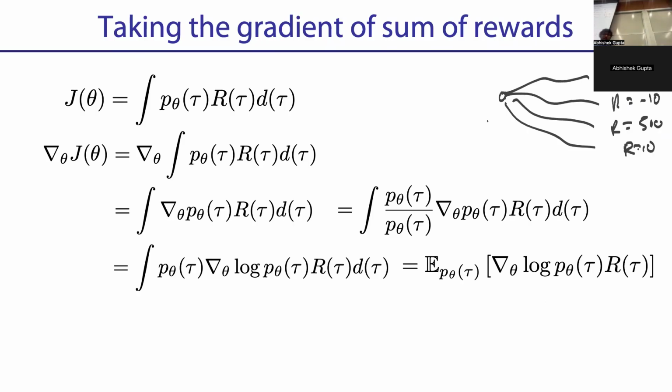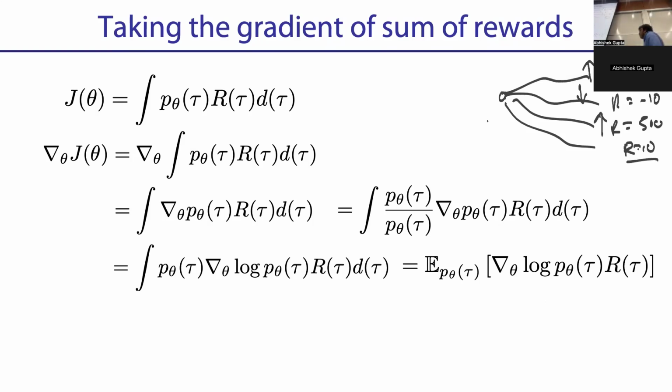So R equal to 500 is the best thing, so I'm going to increase its likelihood a lot. R equal to 100 is pretty good, so I'm going to increase its likelihood a lot. R equal to -10 is pretty bad, so I don't want to increase its likelihood. I want to decrease its likelihood. R equal to 0 shouldn't change anything, so I'm just going to leave it as is.